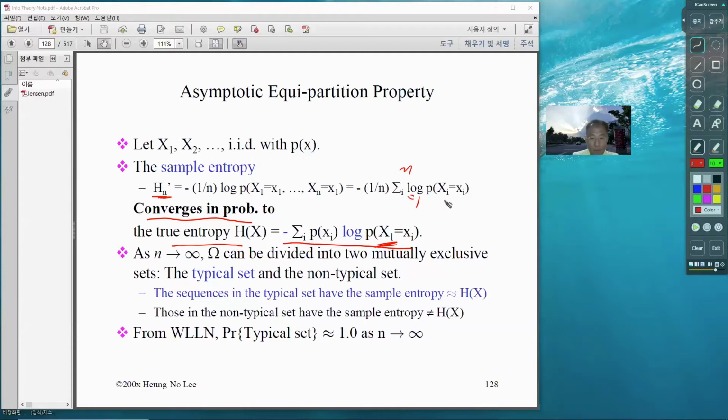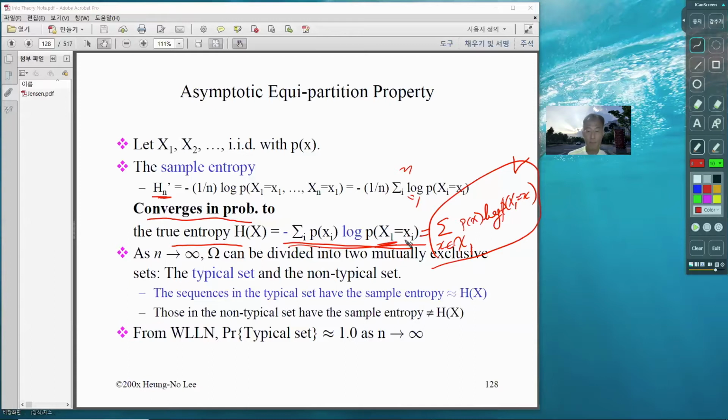So a better notation is the summation over all x within the alphabet of x1, with p of x1 equal to small x. That is what I mean by this notation right here.